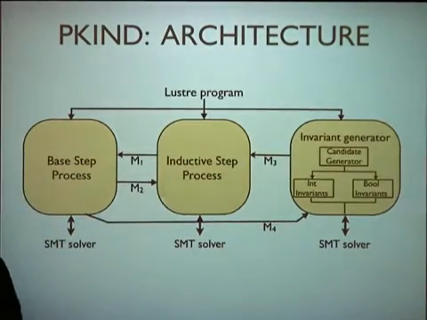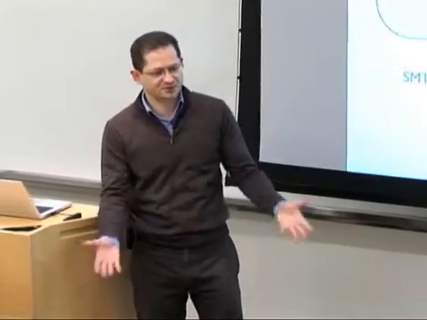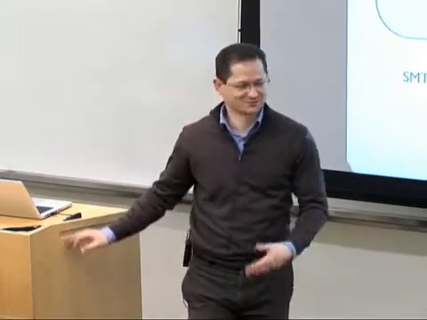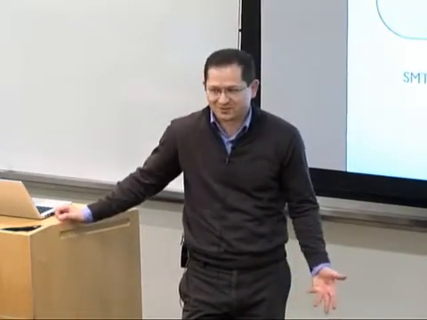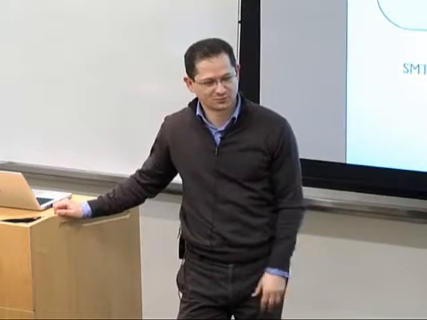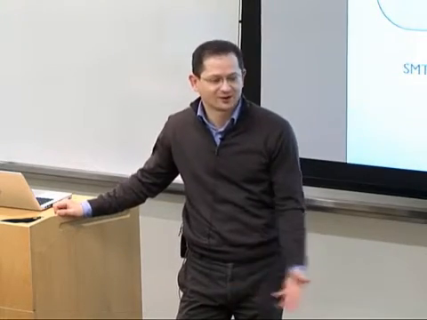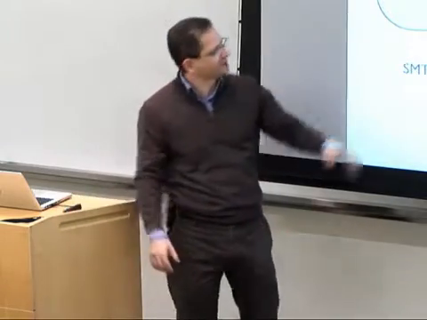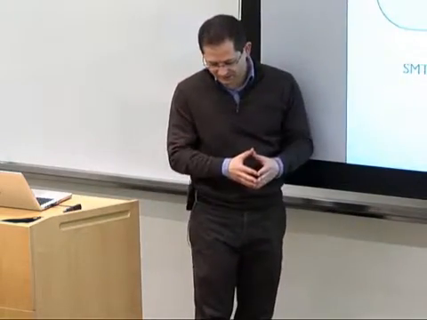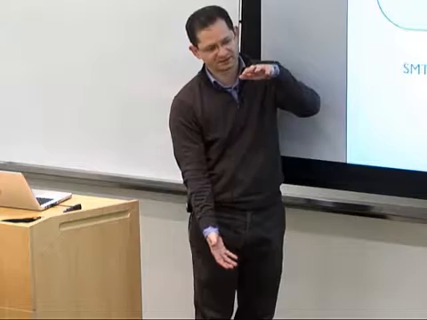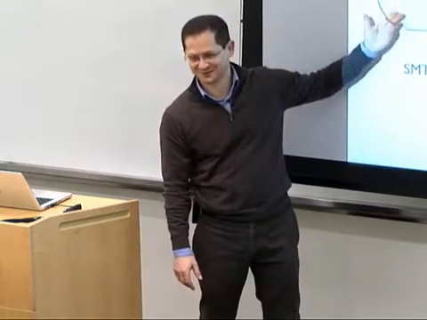It's the reason why BMC is really efficient as opposed to model checking proper. When you're trying to prove that something holds, it's a lot harder than trying to find a counterexample.